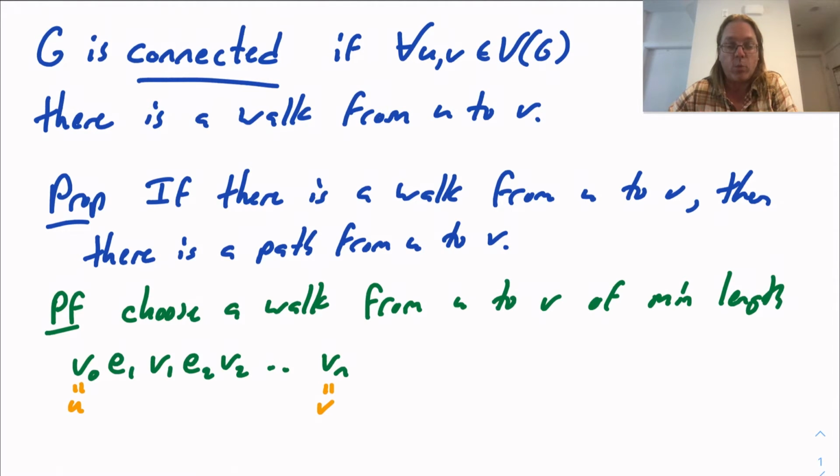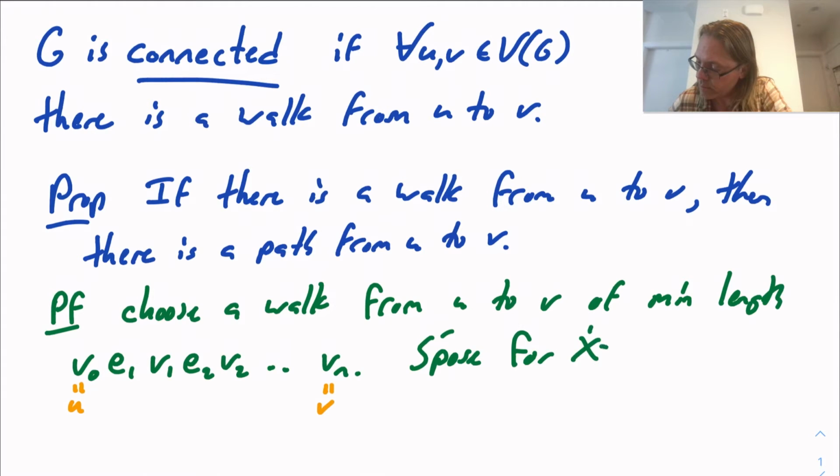Now, if this walk is a path, if there are no repeated vertices, then we're done. Then I've already found my path. So that's all I'm trying to prove. I'm trying to prove that these vertices are all distinct. So what I'm going to do now is suppose for a contradiction that there are two vertices in this sequence that are actually the same vertex.